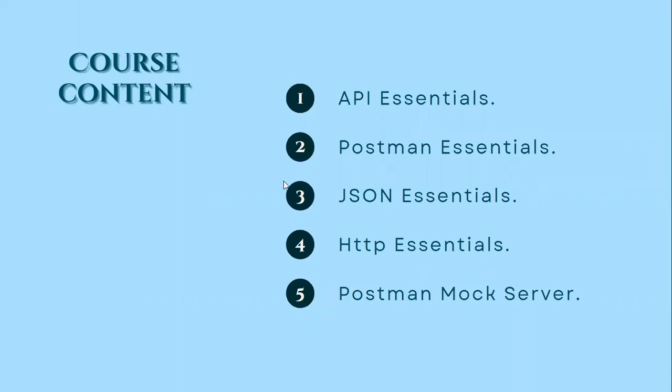Before jumping into learning the Postman tool or other content, first we have to understand exactly what an API is, why we are using APIs, and what parameters it contains. Being a test engineer, how we need to identify those parameters and work on them, all of this will be covered in the API essentials part, completely related to basic details about APIs.